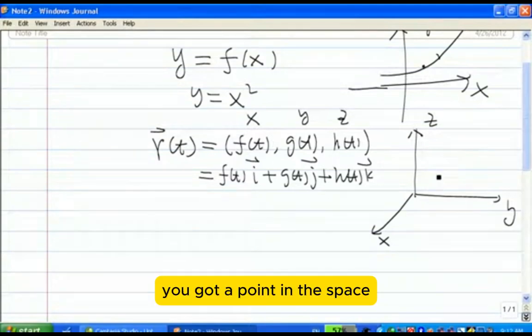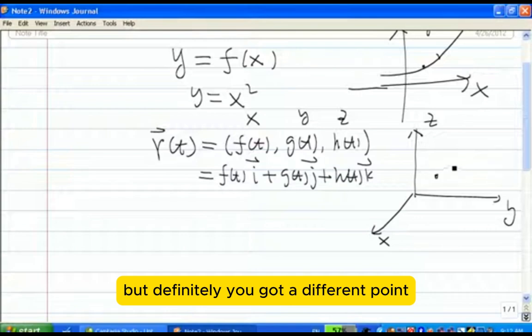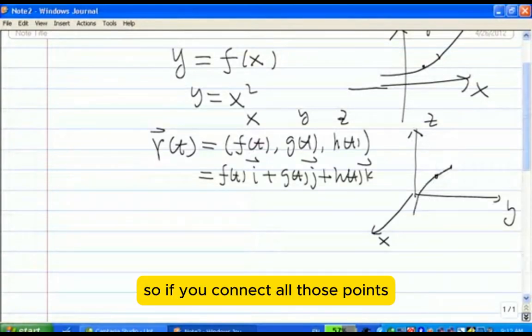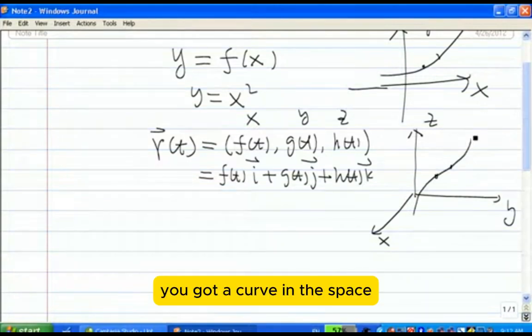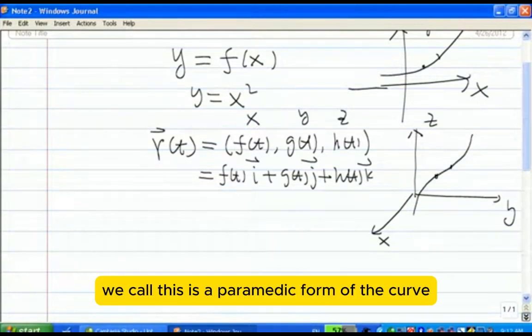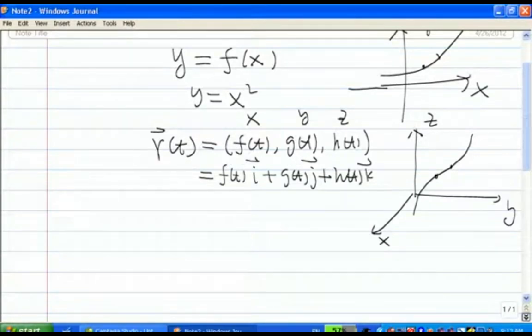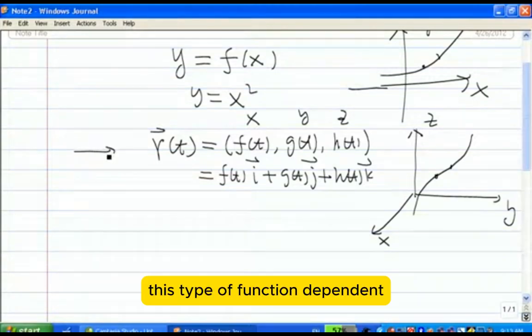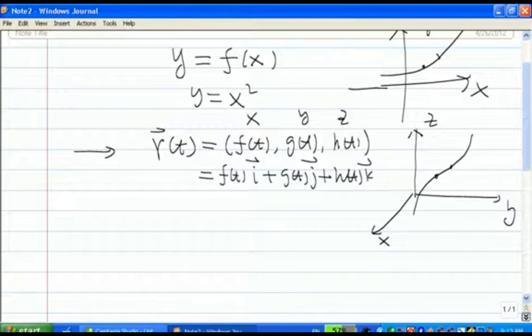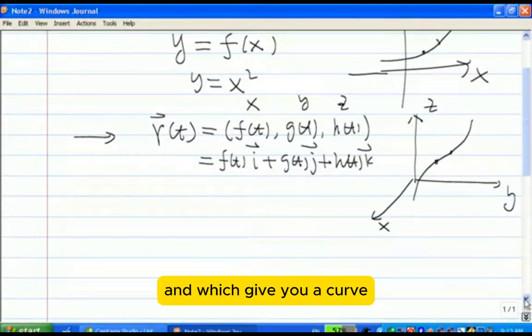You got a point in the space. For different t, you got a different point. So if you connect all those points, you got a curve in the space. We call this the parametric form of the curve. In other words, for this type of function, the independent variable is a scalar, but the function itself is a vector, and it gives you a curve.